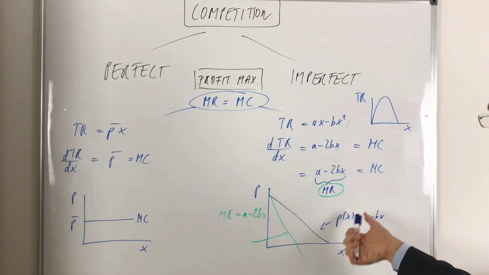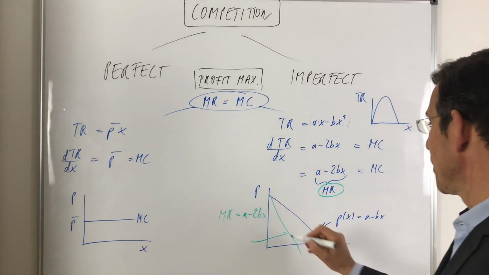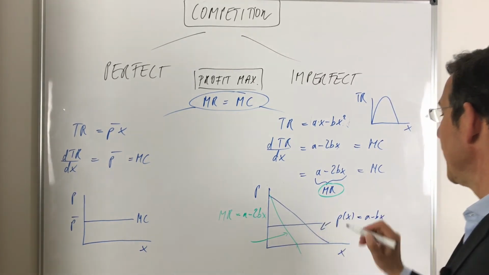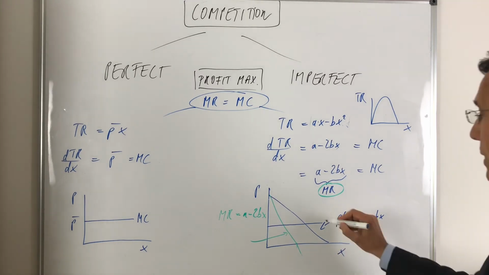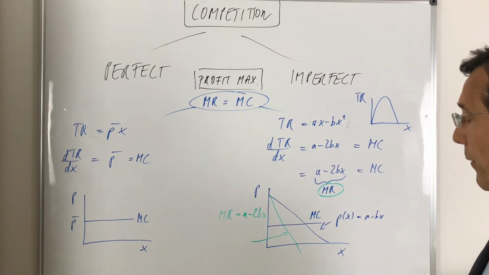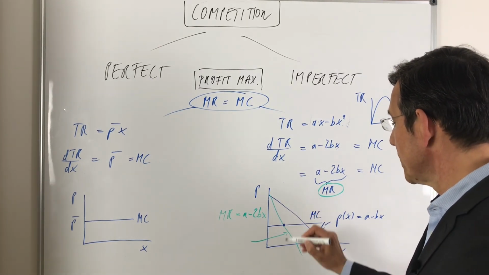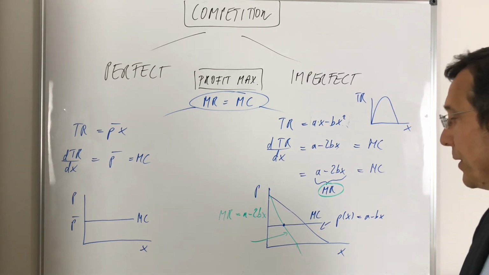And where is the marginal cost curve now? Well, just take the marginal cost curve here and say this is the marginal cost curve, and you see where the profit maximum lies, where marginal costs meet marginal revenue.